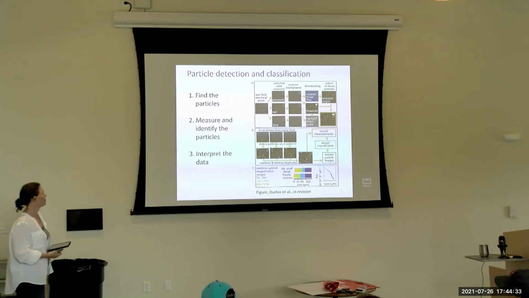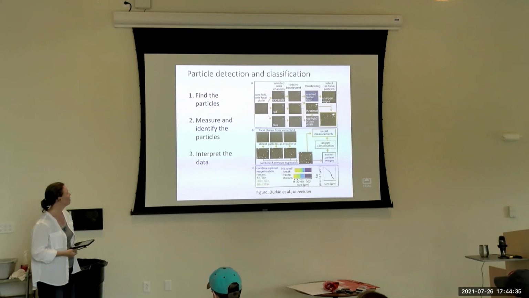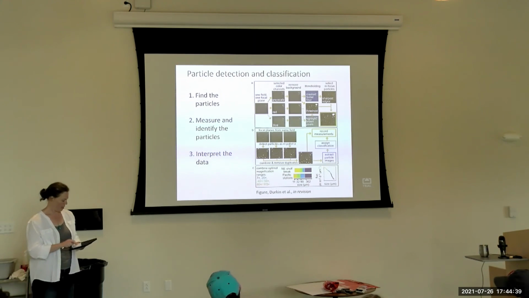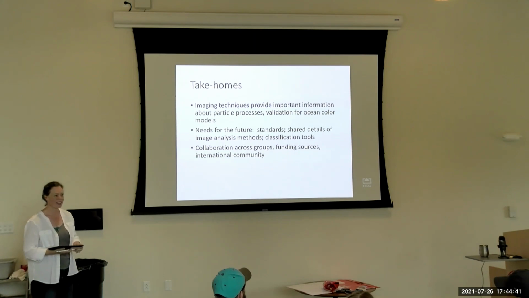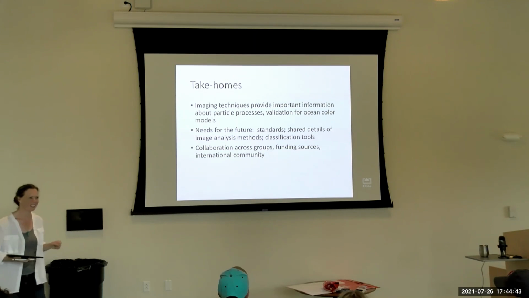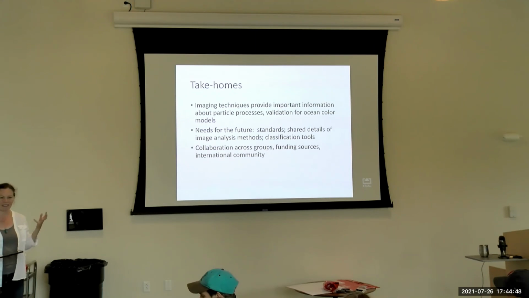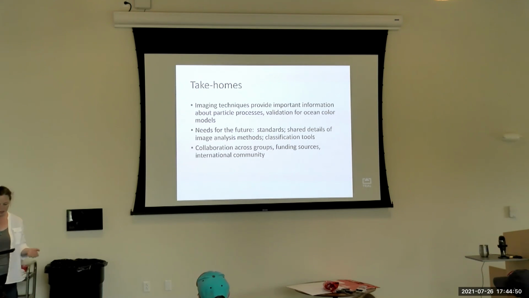So this is just returning back to that original flowchart about all these steps. Some take-homes, I think people are ready to get up and stretch their legs and learn some modeling soon. Imaging techniques definitely are providing important information, validation for some of our other optical sensors.